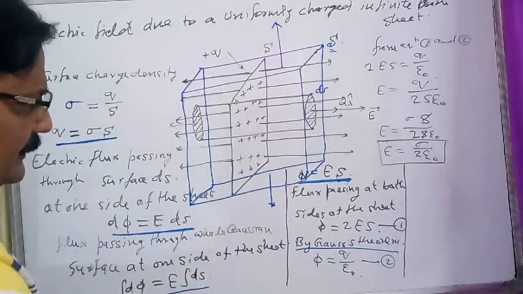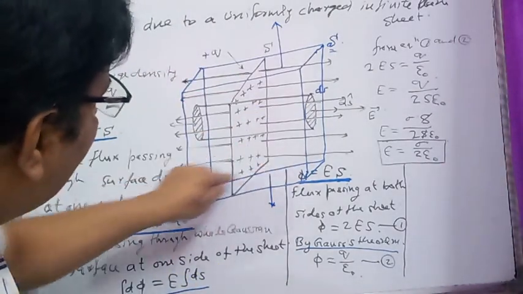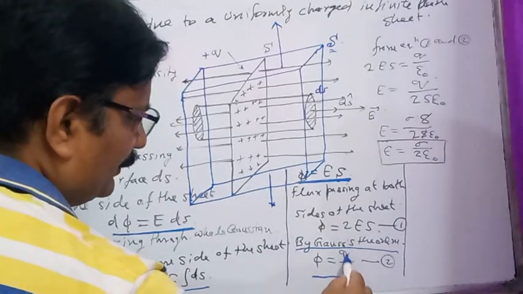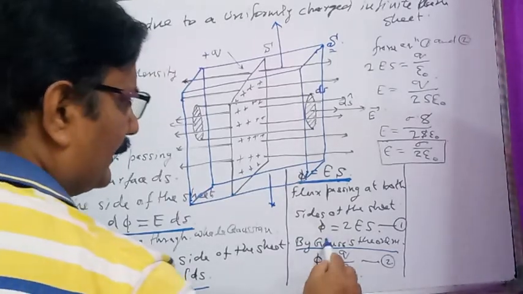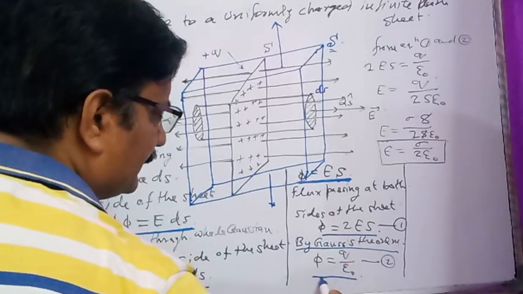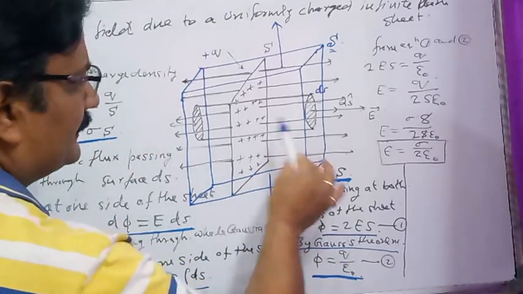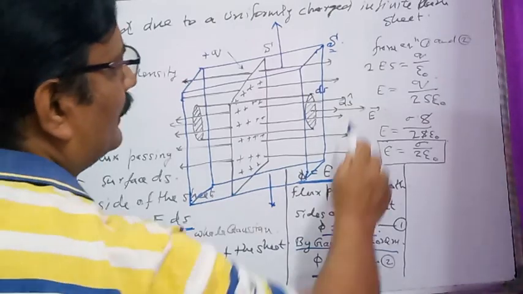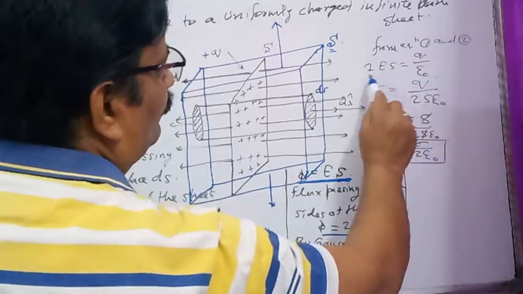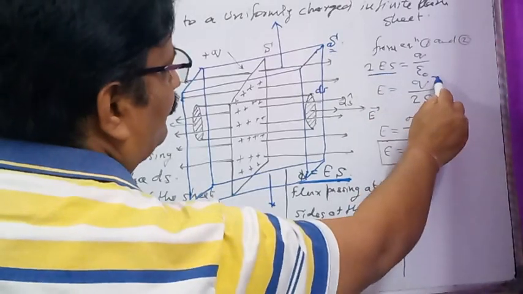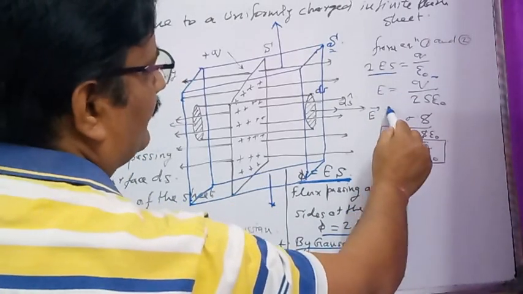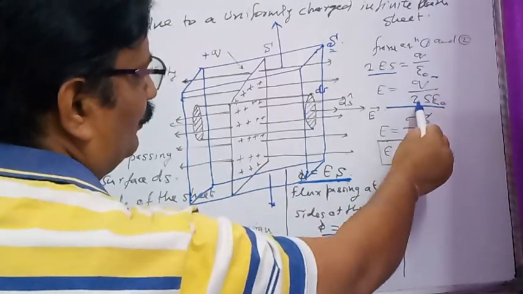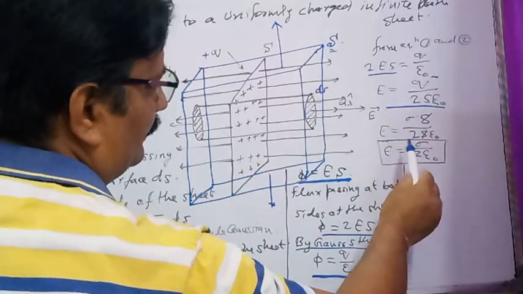If we apply Gauss theorem for this closed surface, the flux passing through the surface is phi is equal to Q divided by epsilon naught. You can see both equations provide the flux passing through the Gaussian surface. That is why we can equate equation number 1 and equation number 2. So from equations 1 and 2, 2E into S is equal to Q by epsilon naught, or the electric field at the point, E, is equal to Q divided by 2S epsilon naught.